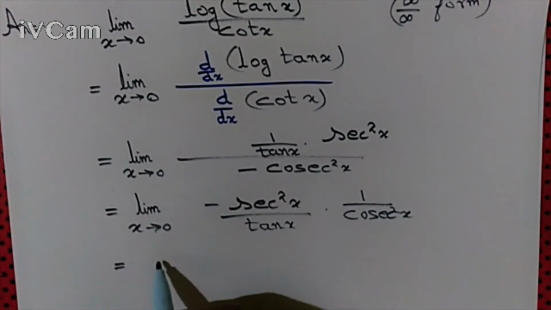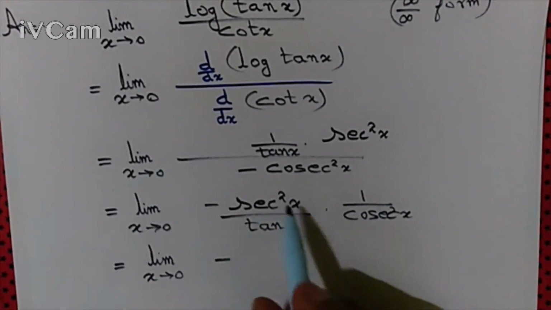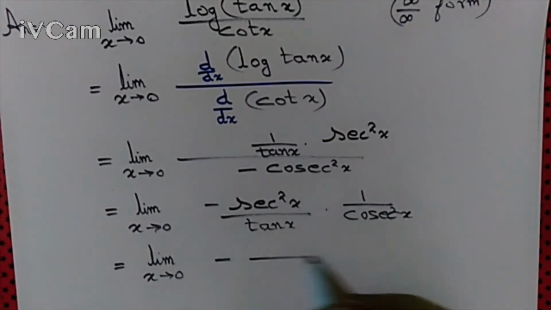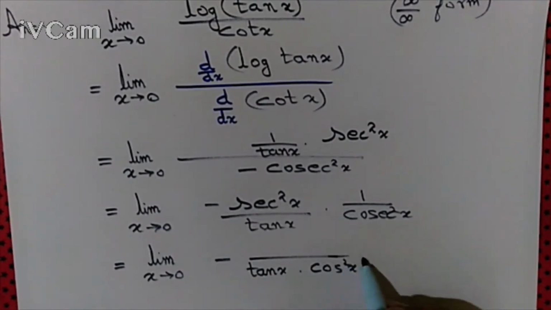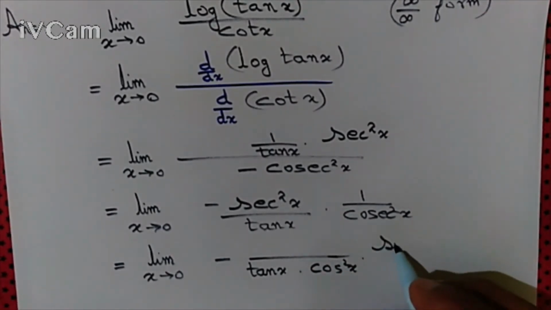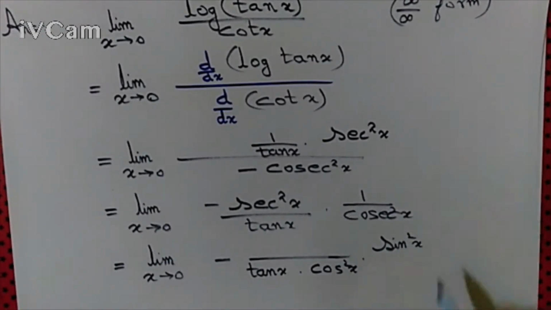That's equal to limit x tends to 0. Sec square x is 1 by cos square x, and 1 by cosec square x is sin square x. Sin by cos is tan, and we can cancel and we'll just have minus tan x, and that's equal to 0.